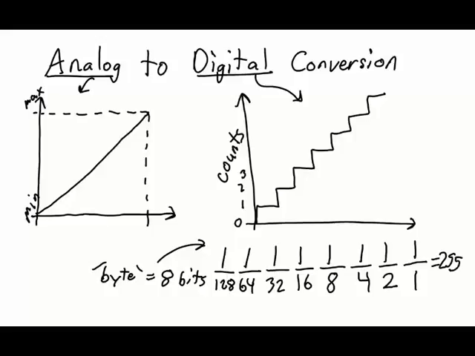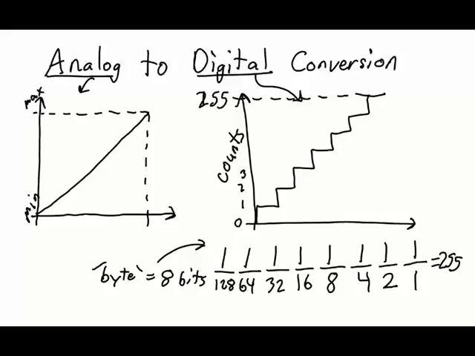That means that a byte represented by 8 bits has a maximum value of 255 and a minimum value of 0. Any integer number between 0 and 255 can be represented by our 8-bit byte.